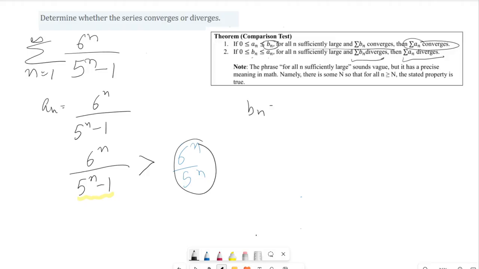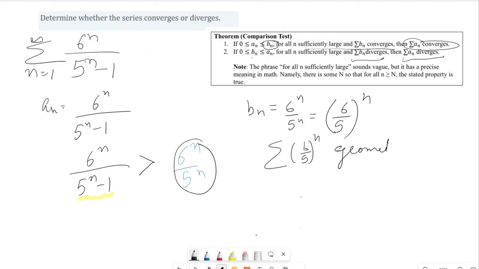Let's name it Bn is equal to 6^n by 5^n, and you can also write it as (6 by 5) power n. If you notice, (6 by 5) power n is a geometric series with common ratio r equal to 6 by 5.